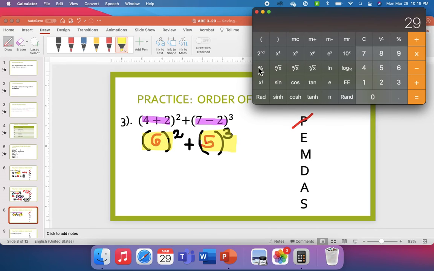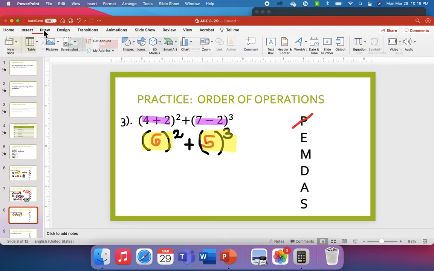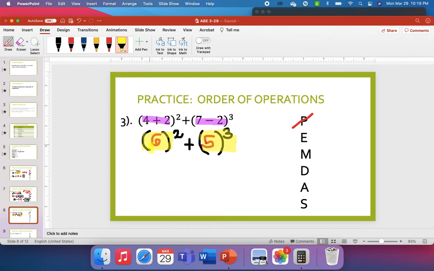So 6 squared, remember this x to the y power button, you can use that button as well. If I hit 6 and hit this x to the y button and hit 2, because again 6 is my base, 2 is my exponent, you're going to get 36. What your calculator did is that it just simplified it as 6 times 6, which equals 36.